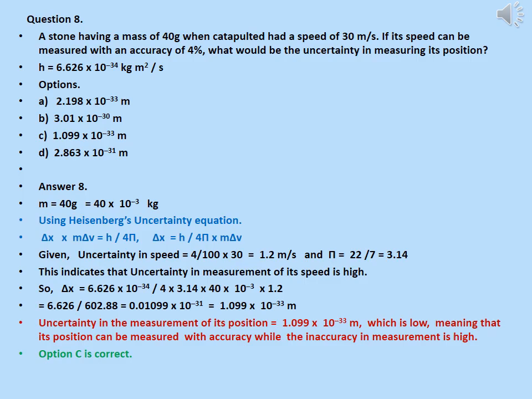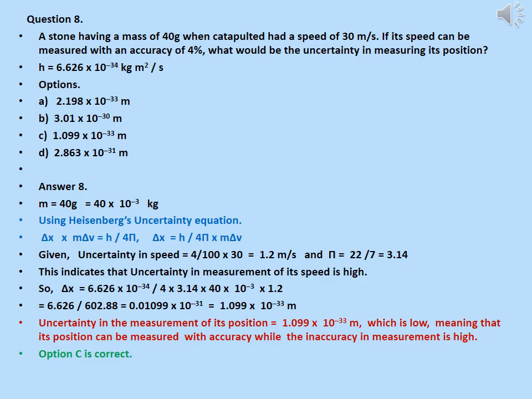Let us calculate Δx. From Heisenberg's uncertainty principle equation, Δx is equal to Planck's constant divided by 4π times the mass of the stone times Δv.